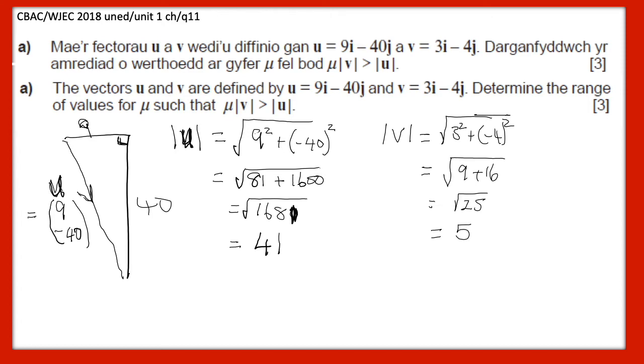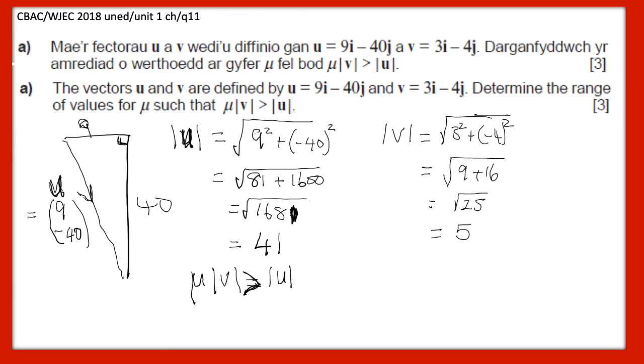Now what we're interested in in this particular question is where we've got some multiplier, mu, times the length of v, is greater than the length of u.